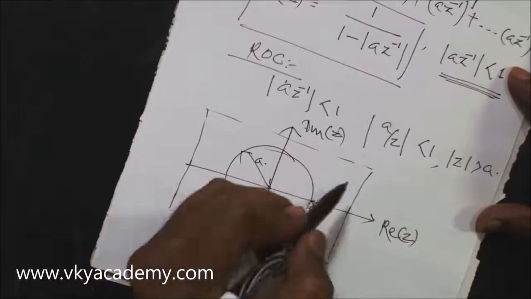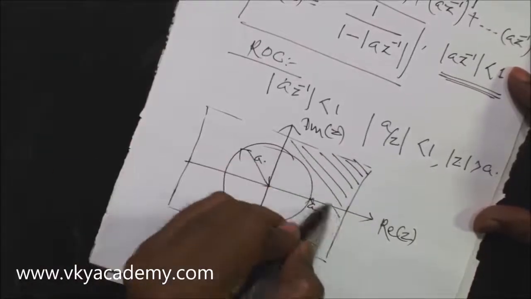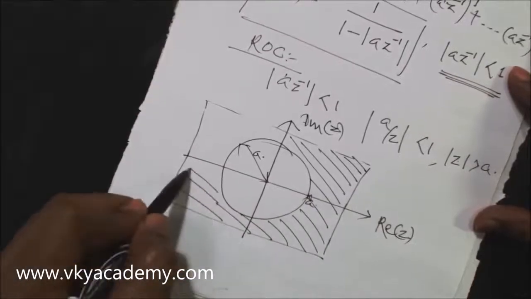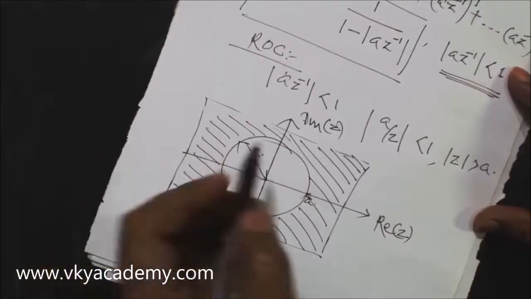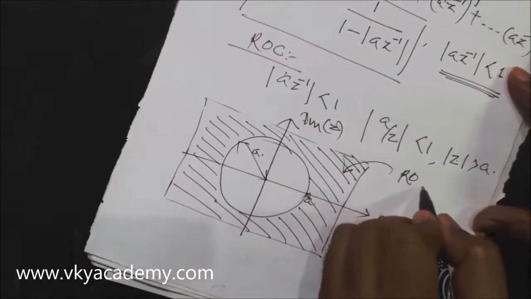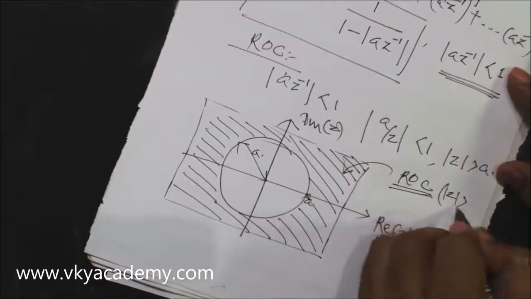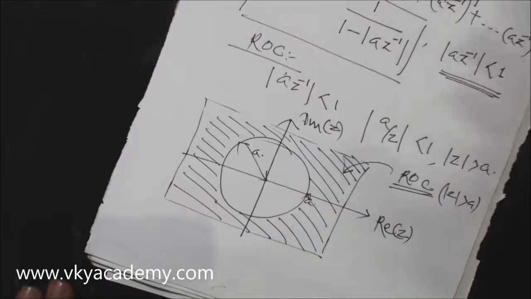So we will shade the region greater than a, or you can say the region exterior to the circle with radius a is our ROC.